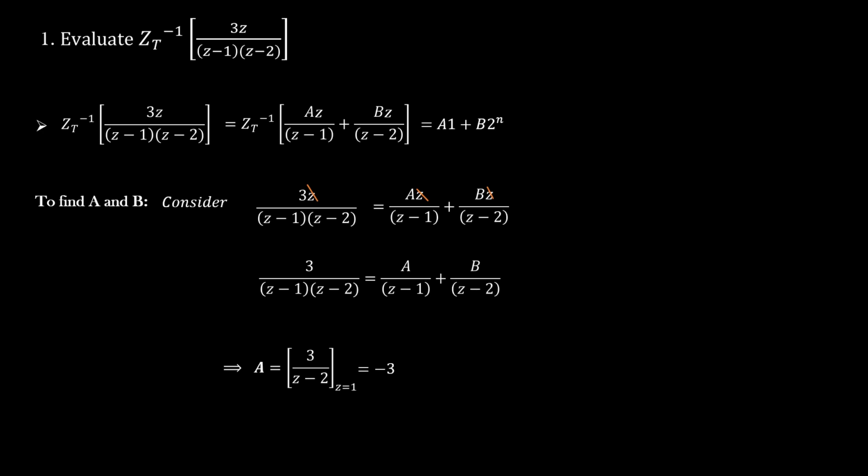Similarly, B is equal to 3 divided by (z minus 1) and substitute z is equal to 2 so that B is equal to 3. By substituting A and B values, you will get the inverse z transform of 3z divided by (z minus 1)(z minus 2) equal to minus 3 plus 3 into 2 power n, or 3 into 2 power n minus 1.